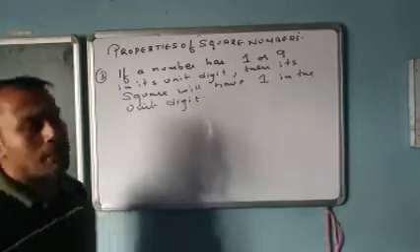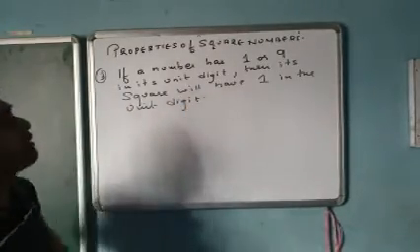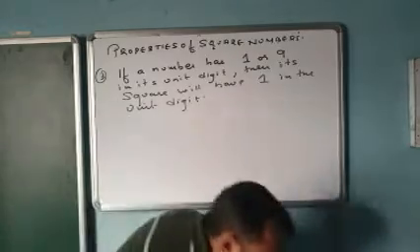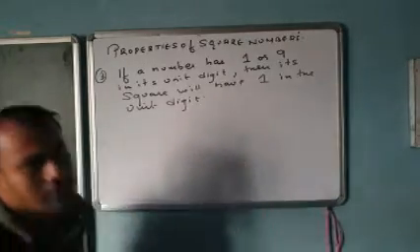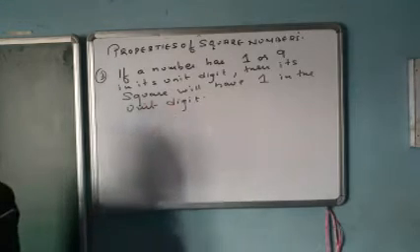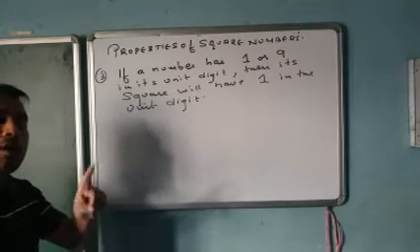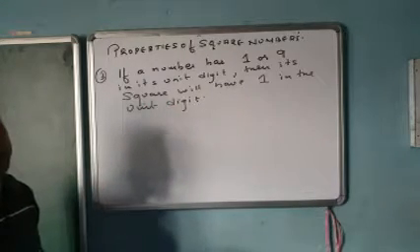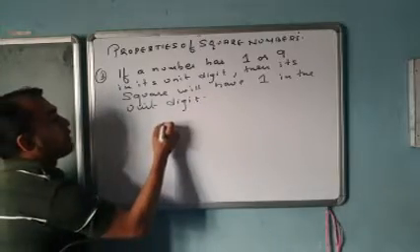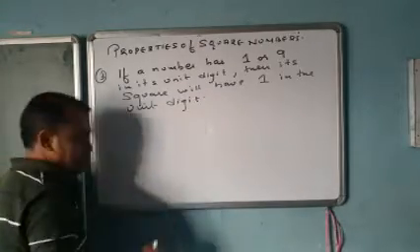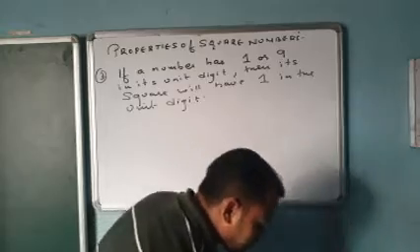Now if you take any number, provided the number has either 1 or 9 in the end digit, then if you take the square of that number, the square will always have 1 in the unit digit. That's it. Let me say 21 square.